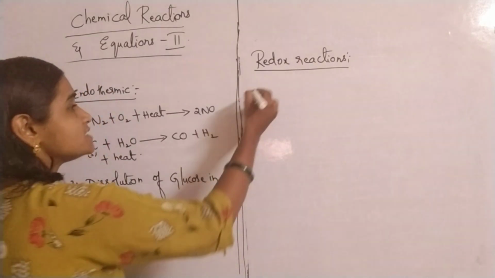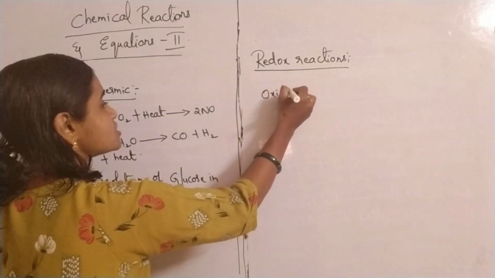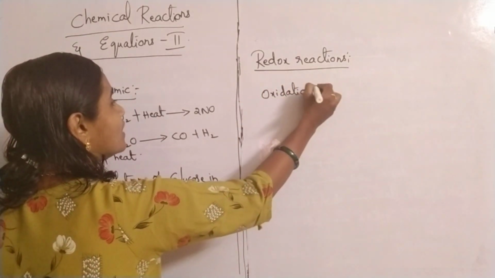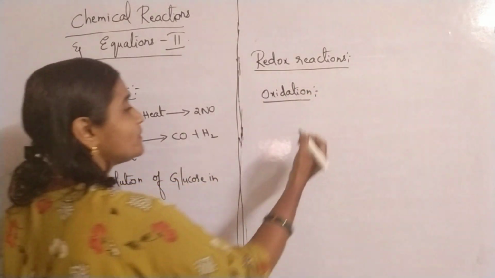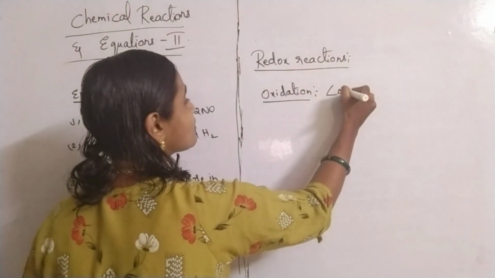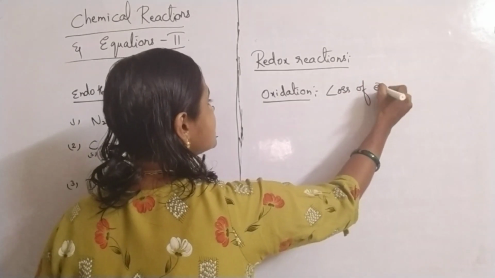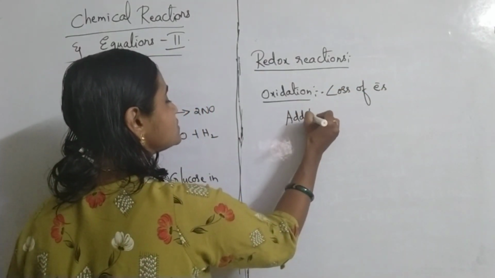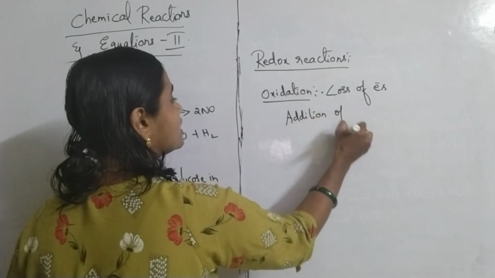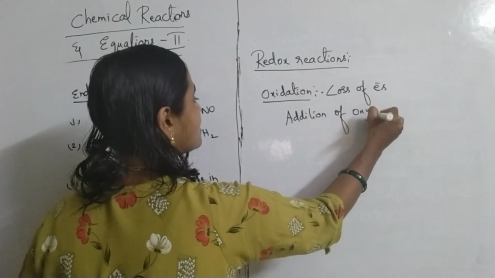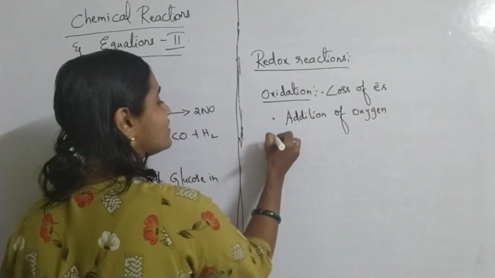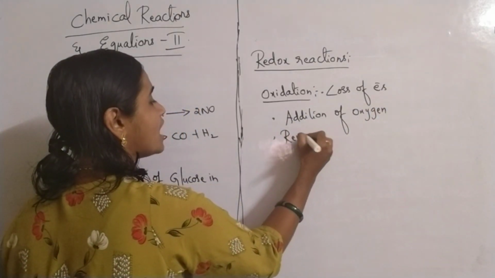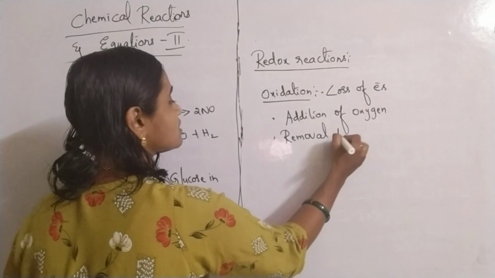So what is oxidation and what is reduction? Oxidation has many definitions: loss of electrons is oxidation, or addition of oxygen is also an oxidation reaction, and removal of hydrogen, removal of H2, is also an oxidation reaction.